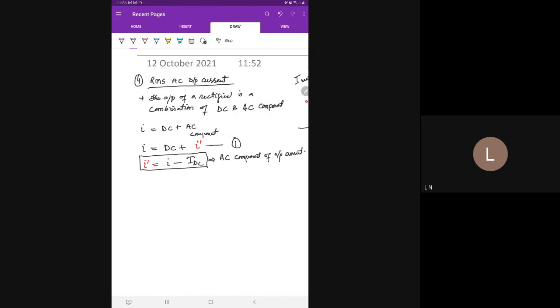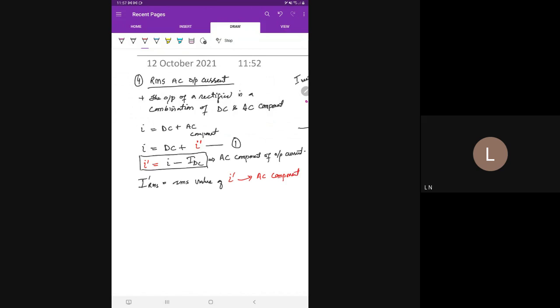Okay, and we can then find out RMS value of this AC component. Suppose I dash RMS is the RMS value of this AC component, that is I dash. What is I dash? It is AC component.